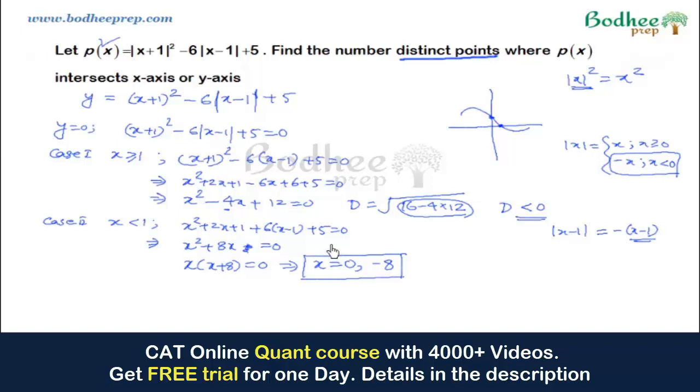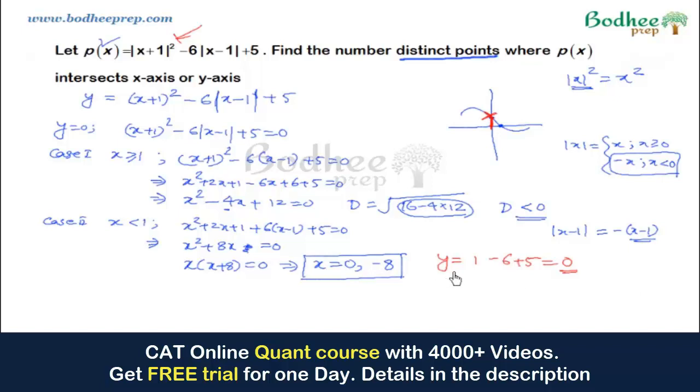Now let's do the same for the y-axis. For the y-axis it is very simple. If the graph is intersecting the y-axis, that means in that case the value of x should be 0. So directly putting the value of x to be 0 in this expression, we'll get the corresponding value of y: it will be 1 minus 6 plus 5, equal to 0.